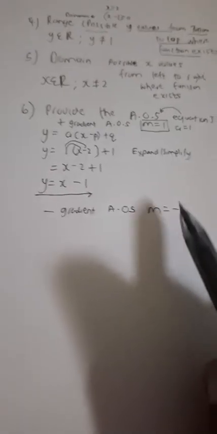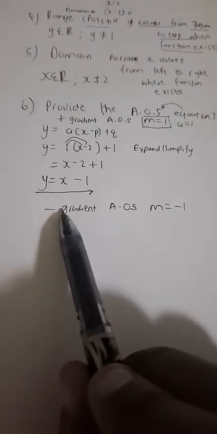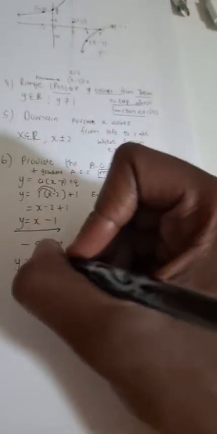Then we have the negative gradient axis of symmetry, and what we do, guys, is no different. The only difference here is that the gradient is equal to what? To negative 1. Okay, the gradient is equal to negative 1 because it is the negative gradient axis of symmetry. So it was always going to be negative 1, and all we do is we write the same form.